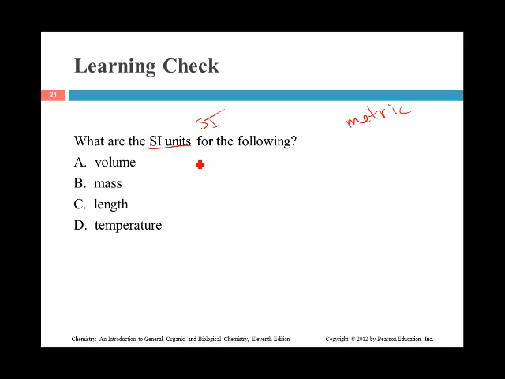So volume for SI is actually meters cubed, whereas metric is liters. Mass for SI is kilograms, whereas metric is just grams. So if you got those 2 and you were thinking they were SI units, make sure you go back and make flashcards to memorize that. Length is meters and meters, so those are the same. Temperature, SI is Kelvin, and metric is degrees Celsius.